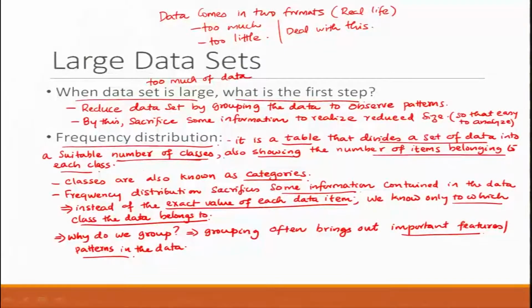You divide the data set into a suitable number of classes and show the number of items that belong to each class, and classes are also known as categories. They are grouped by similarity of category, and it sacrifices the exact value of each data item, and instead it tells you which class the data belongs to. The reason we do it is that by doing this we can identify the important features or patterns in the data.